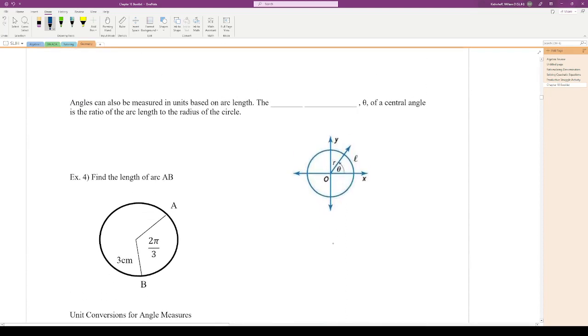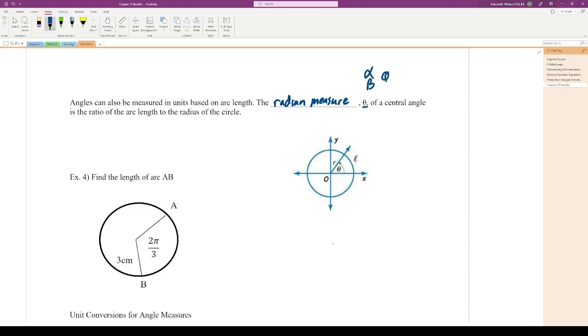Okay, so we can also measure angles in units based on arc length. So we're going to call this the radian measure or angle measure. In math we usually refer to angle measures by Greek letters like alpha, beta, theta, or phi.